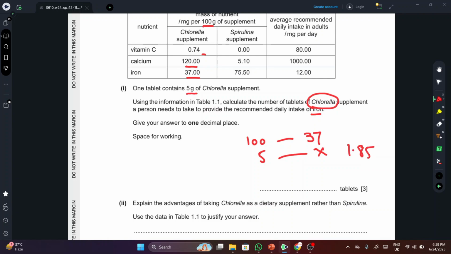Then because they have also given us the average recommended daily intake, so that is 12. So 12 divided by 1.85, and then you will get 6.6 something. That is the needed, because one decimal place answer should be there. So that is your daily recommended intake of iron.